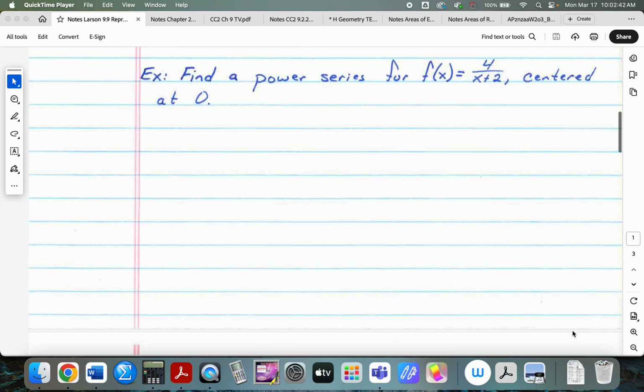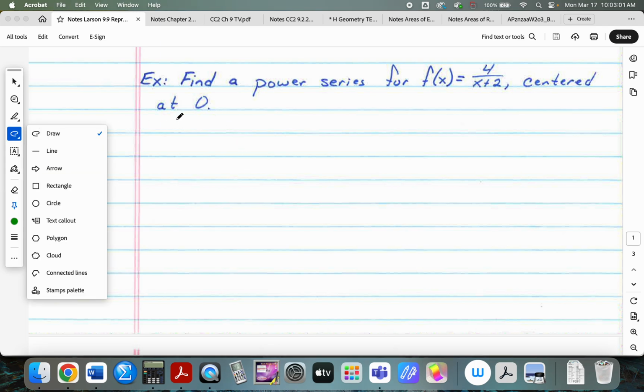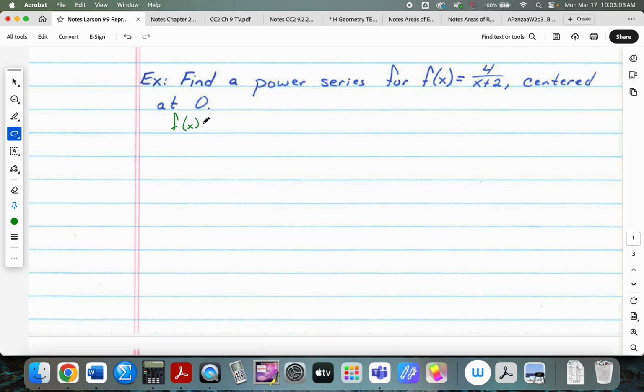So let's try this for a different one. We want to find a power series for f of x is equal to 4 over x plus 2 centered at 0. All right. So f of x is equal to 4 over x plus 2.